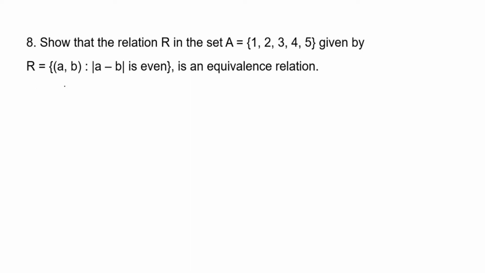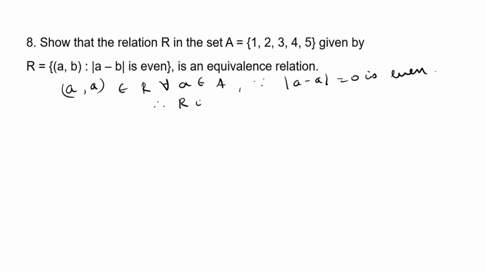So we have a comma a belongs to R for all a belongs to A, since mod a minus a equal to 0 is even. So which means R is reflexive.